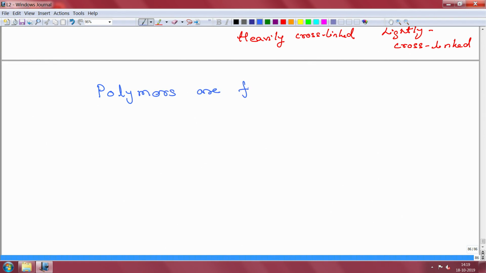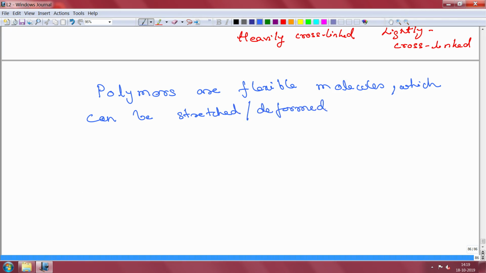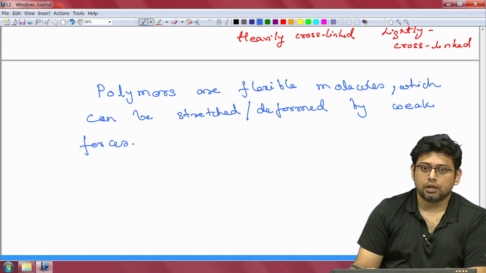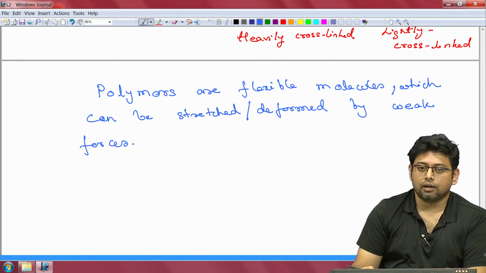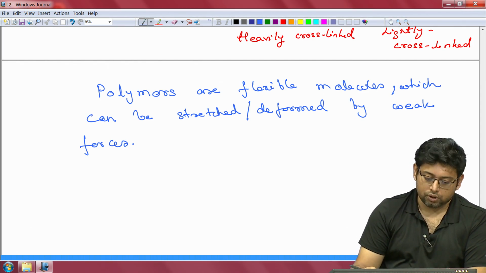Polymers are flexible molecules which can be stretched or even deformed by weak forces. When we say weak, it is obviously in a relative perspective, and what we mean is a force which is of the order of kT. So, thermal motion requires a very small amount of force.